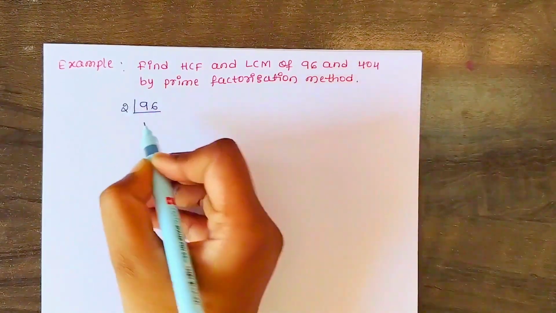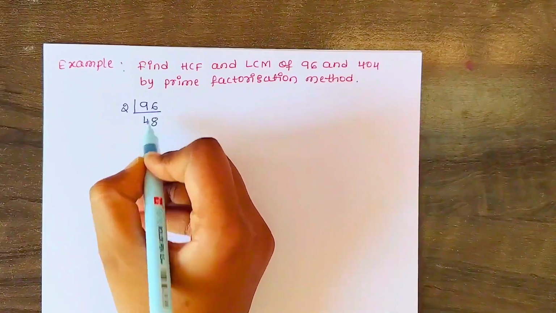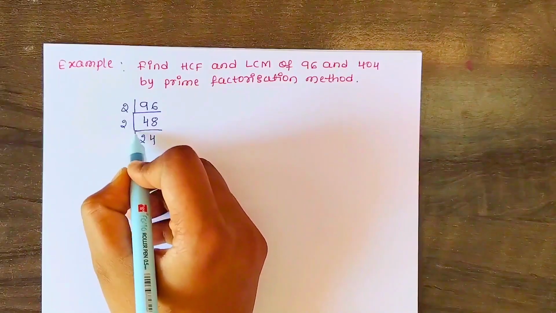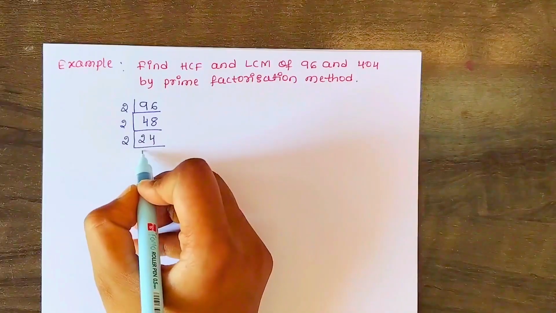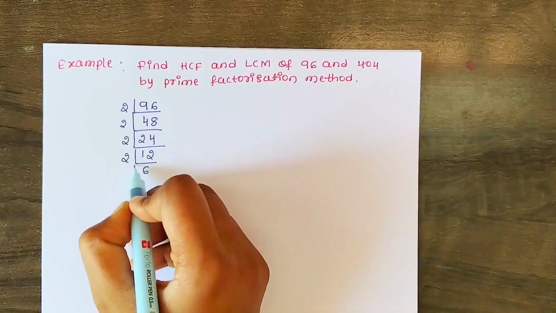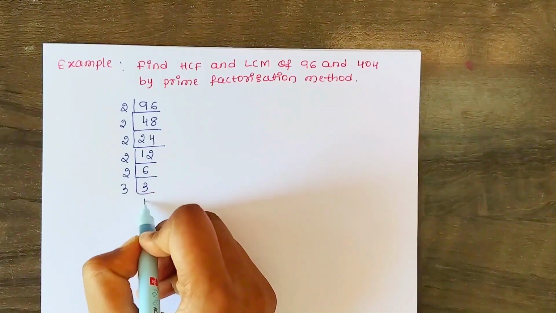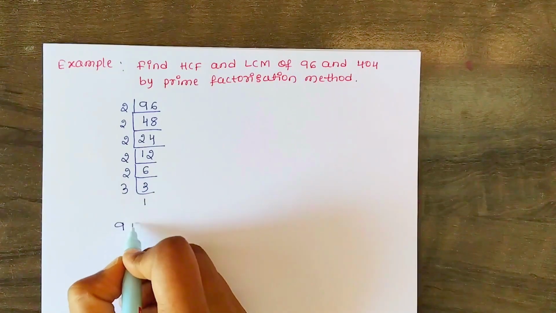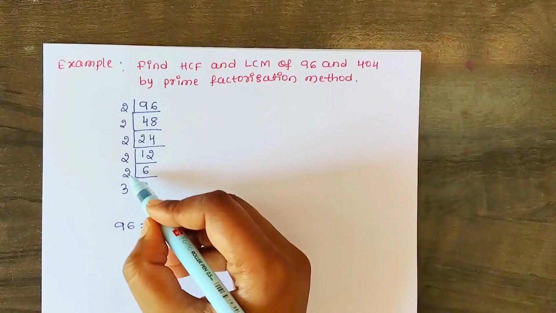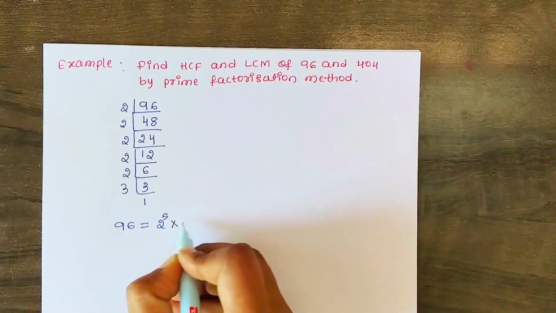Start with the lowest prime, 2. 2 4s are 8, 2 8s are 16, 2 16s are 32, and so on down to 3. Now we write 96 as 2 to the power 5 into 3.